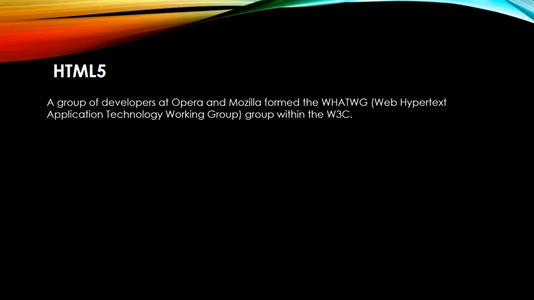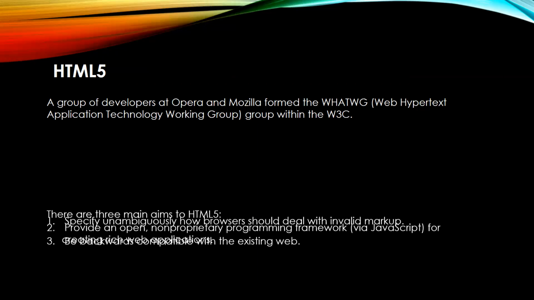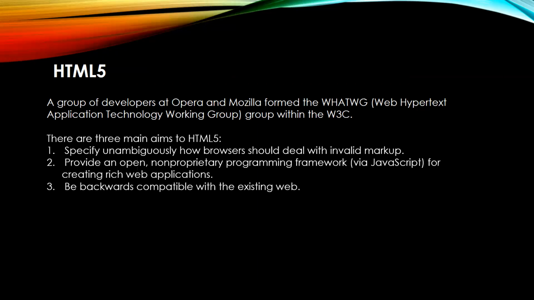So what is HTML5? Around the same time, the XHTML 2.0 specification was being developed. A group of developers at Opera and Mozilla formed the WHATWG, that is the Web Hypertext Application Technology Working Group, within W3C. There are three main aims of HTML5.